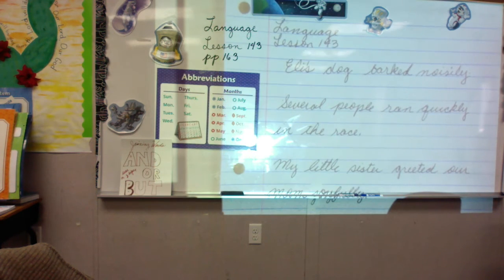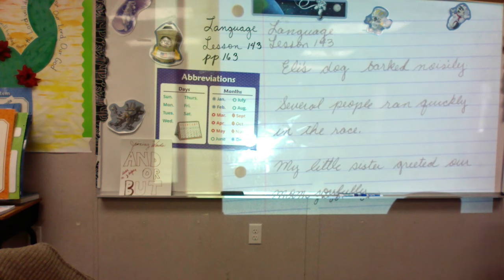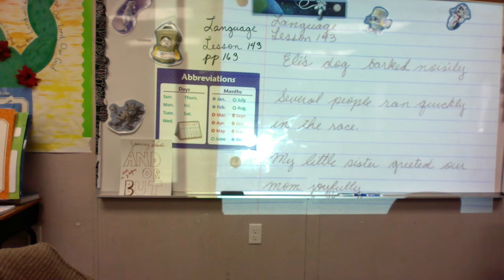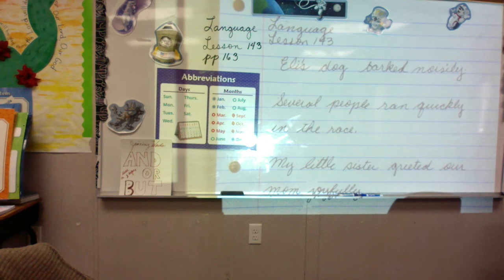Your paper should look like mine or better. Remember, we must write correctly. We must improve our penmanship. Even if we are at home and teacher's not looking at it, you know when you're writing neatly or not. So I'm going to use a colored pencil.